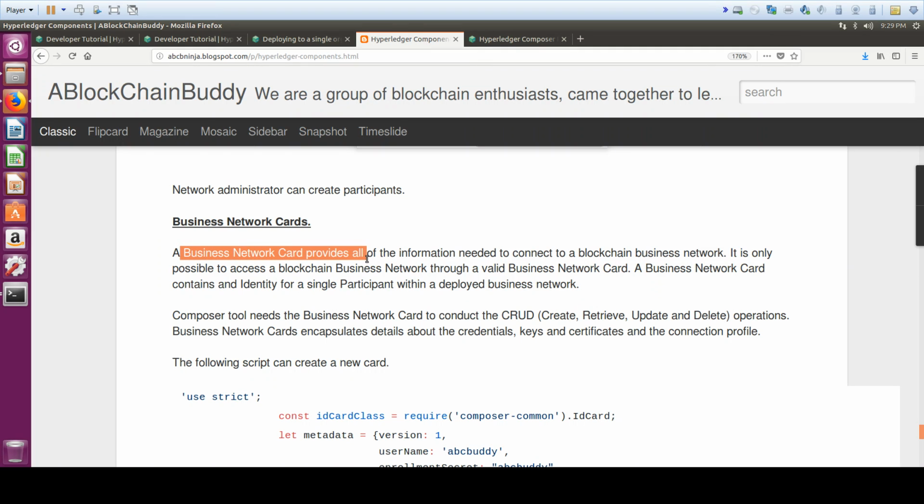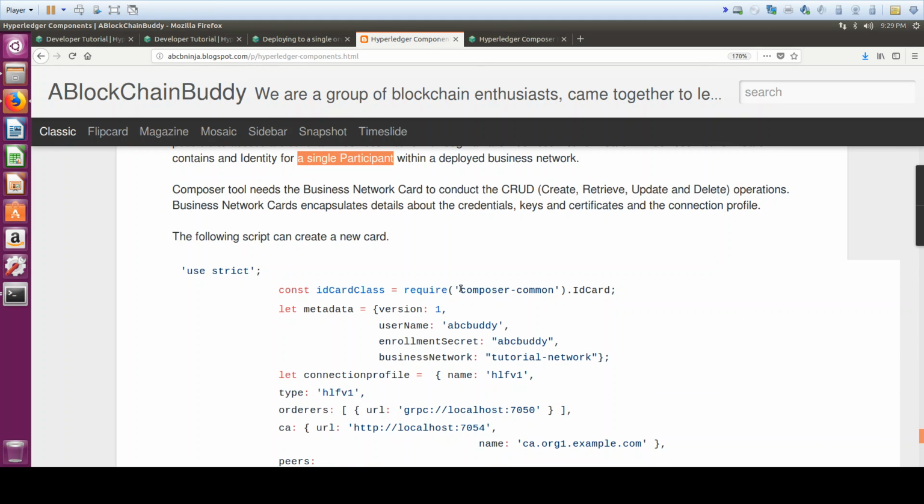A business network card provides all the information needed to connect to the blockchain network. It is only possible to access the blockchain business network through a business network card. A business network card contains an identity for a single participant within a deployed business network.